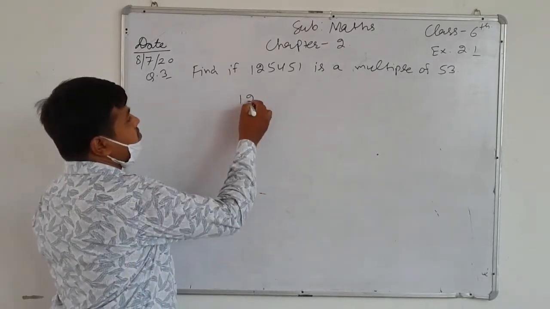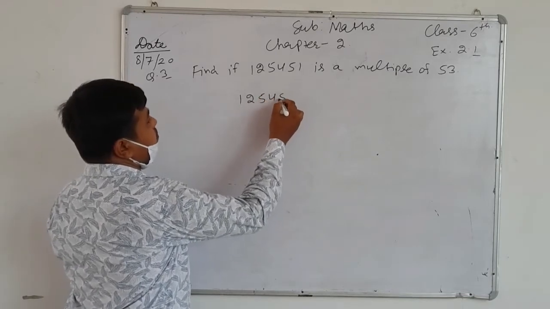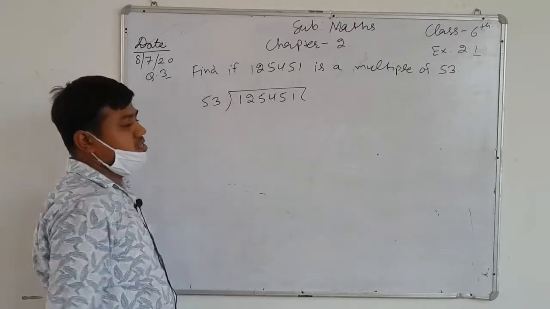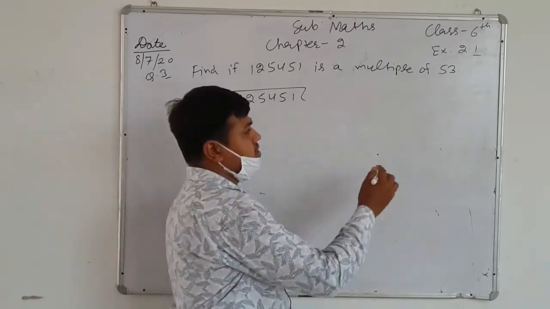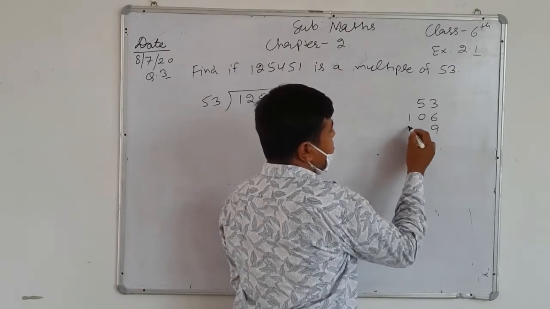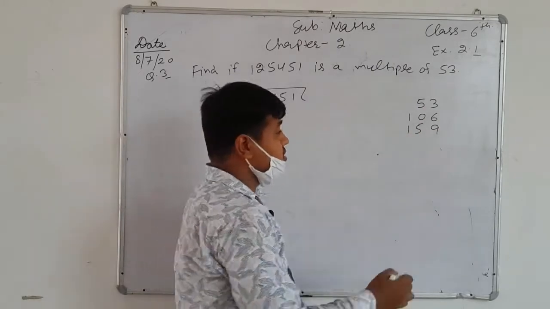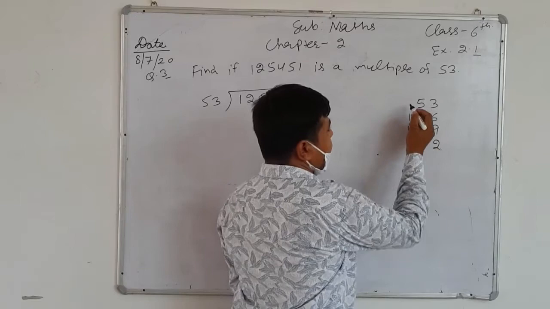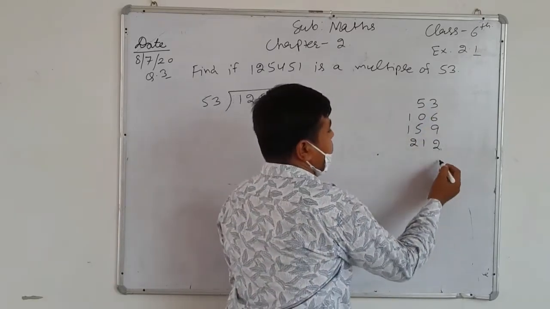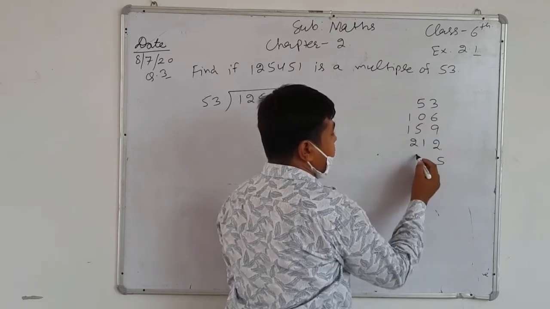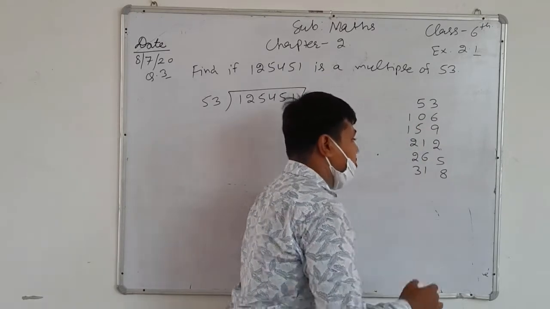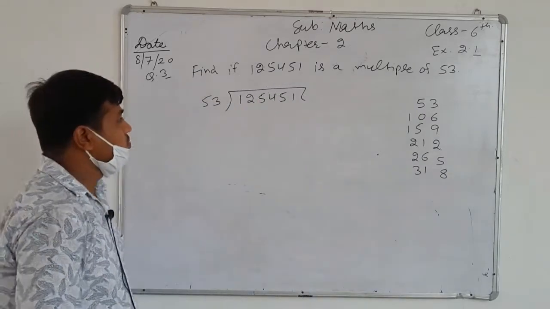Let me divide. 125451 divided by 53. We write the table of 53: 53, 106, 159, and so on. Let me solve.